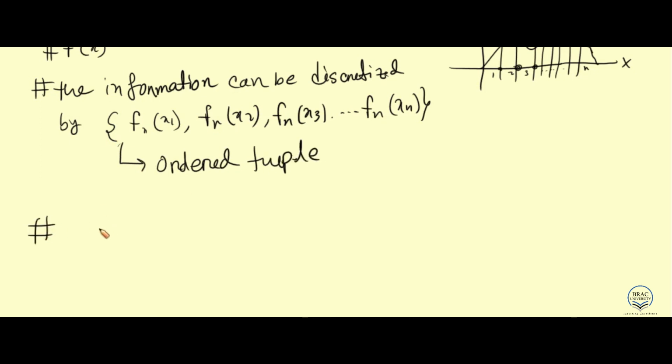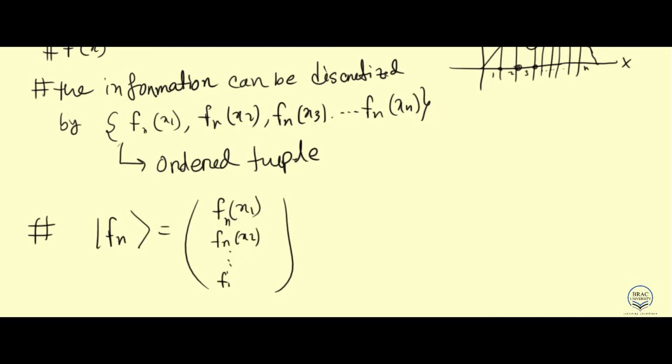Now we are going to interpret this ordered tuple in a ket. We do that by using a ket f of n, and here I can place all of these ordered tuples, that is f of n x1, f of n x2, f of n xn. Using this ordered tuple, you can see that the familiar structure for finite dimensional vector spaces will arise, because this can be written as f of n x1 times 1, 0, 0, 0.